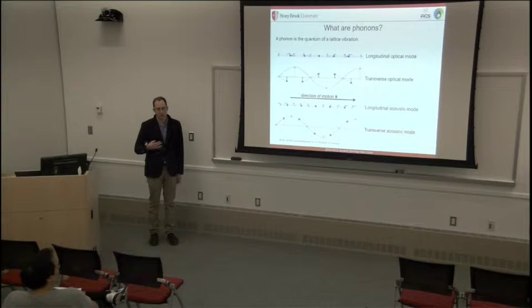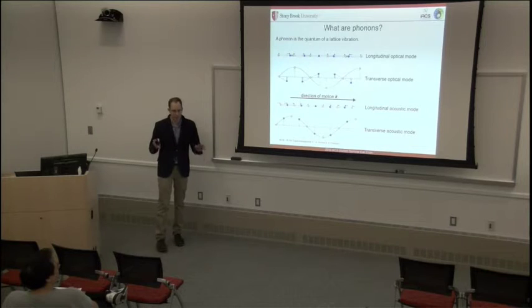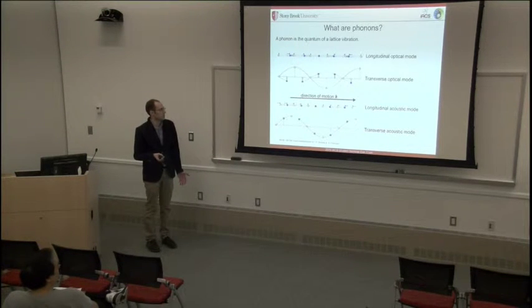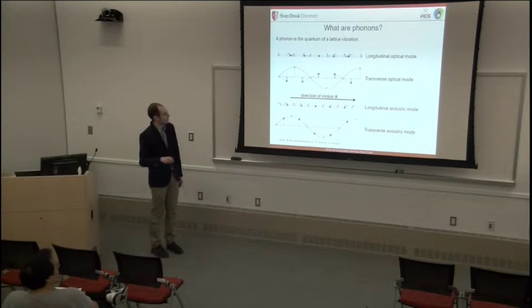So just like photons are the discrete units of electromagnetic waves or vibrations of the electromagnetic field, phonons are the discrete units of lattice vibration. And there are optical phonons, and then there are acoustic phonons. And phonons can also be longitudinal or transverse.